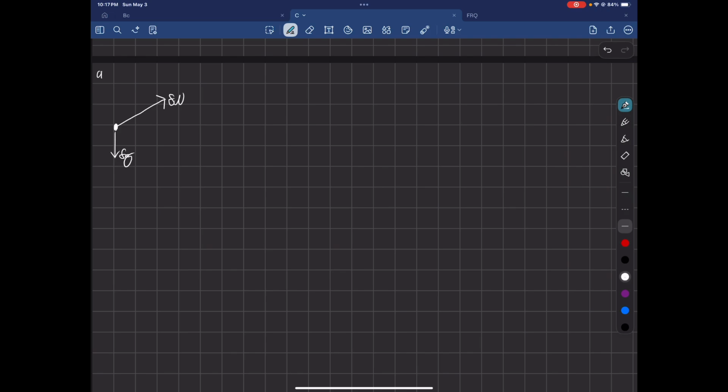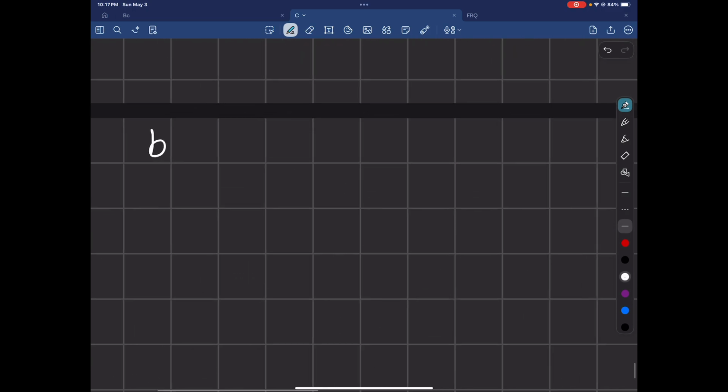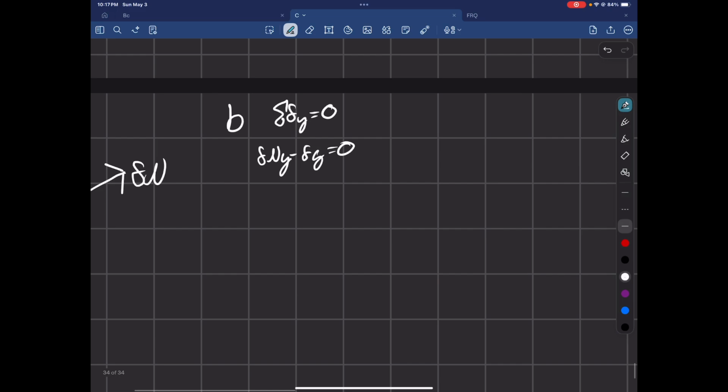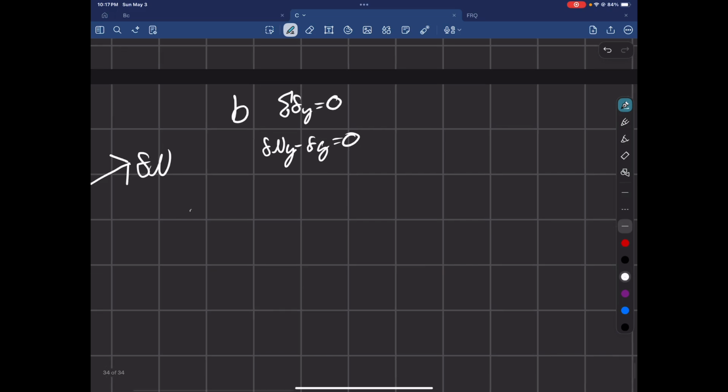Part B, the question asks to derive an expression for F_N. So the net force in the y direction is equal to 0. Say the angle that we took was from the top.